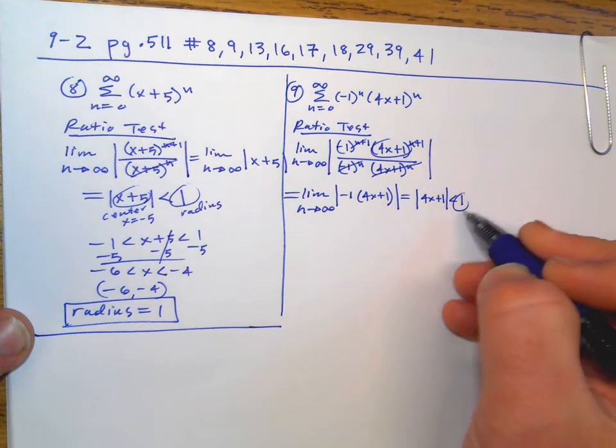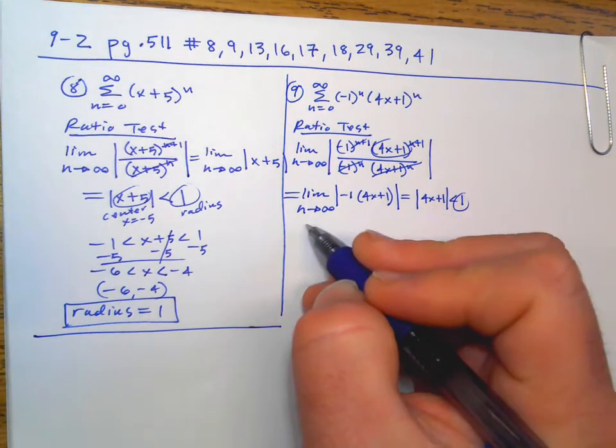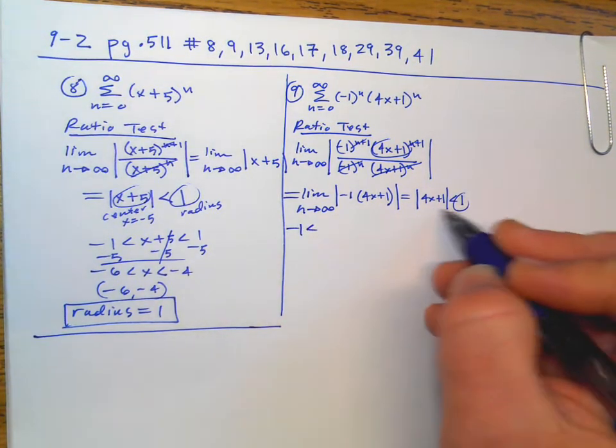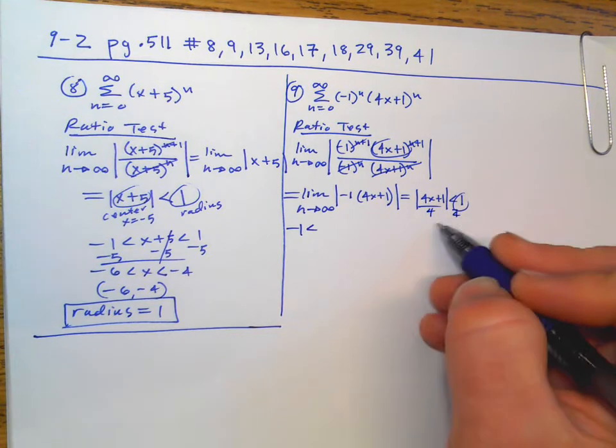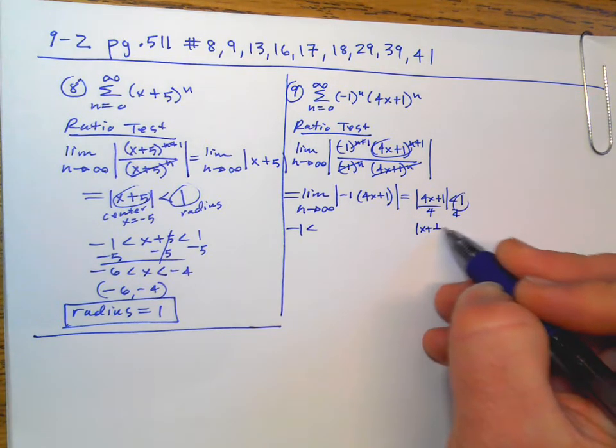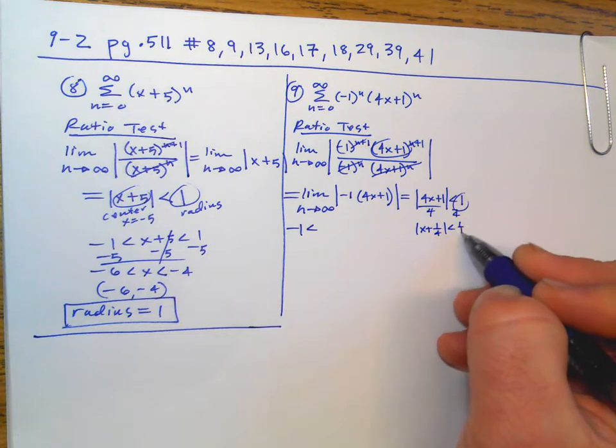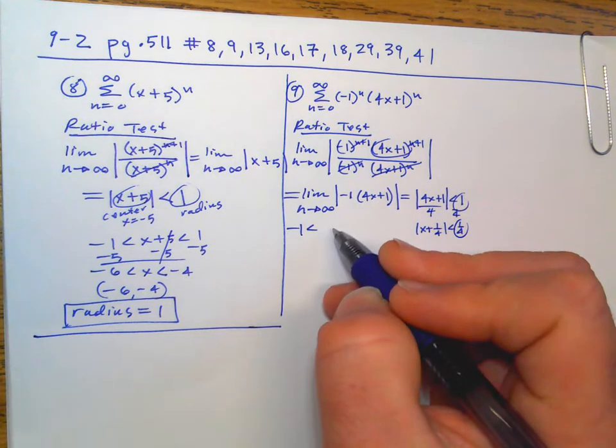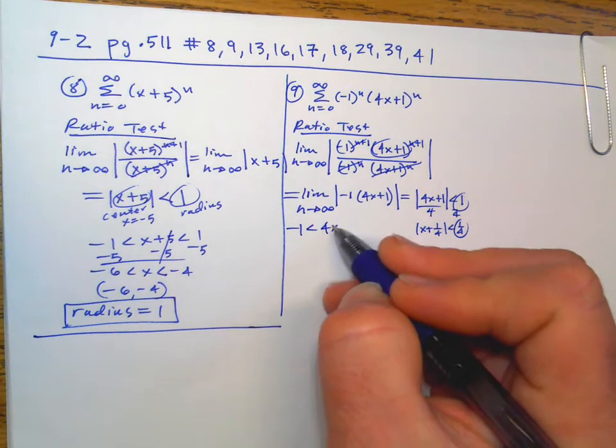So that's not your radius yet. I mean, you could divide both sides by 4, and then the radius will be right in front of you. The radius is 1/4. Or you could go ahead and try and solve it first.